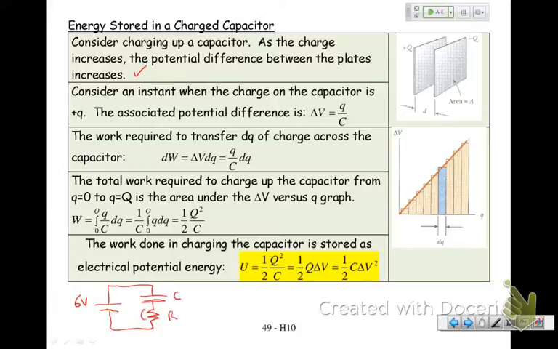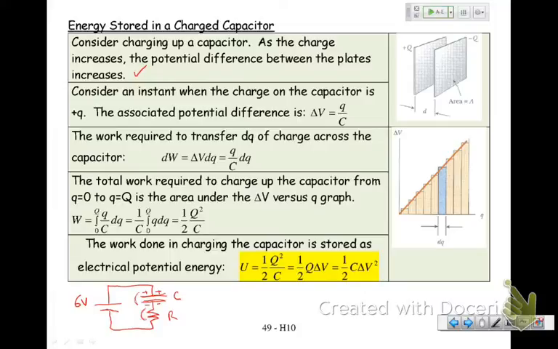Big current flows. That's like cars arriving at a parking lot. As time passes, I get more and more charge on here, so I get more and more potential difference across here. If I've got more potential difference across the capacitor, I've got less potential difference across the resistor, because it's got to add up to 6. So less current flows.